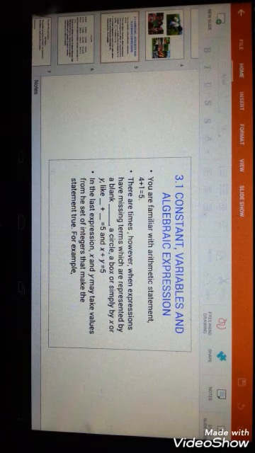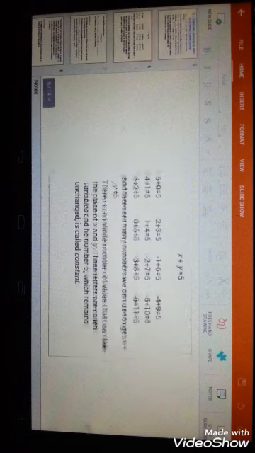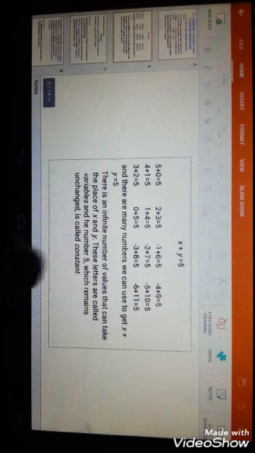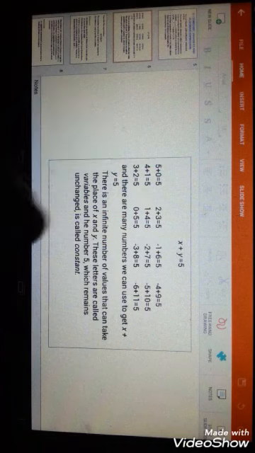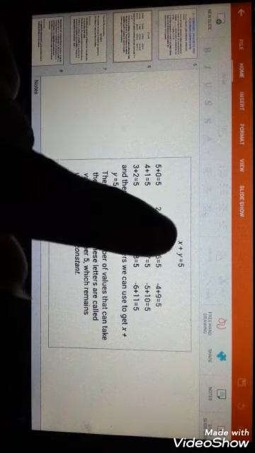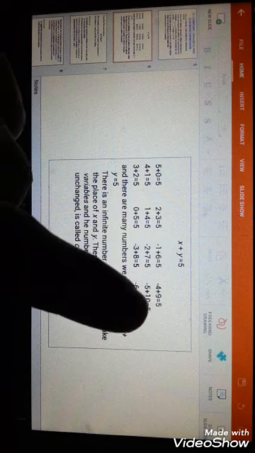In the last expression, x and y may take values from the set of integers that make the statement true. For this example, we take the last statement, x plus y is equal to 5.